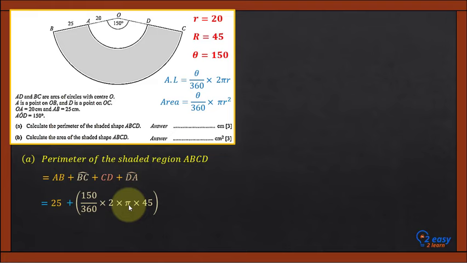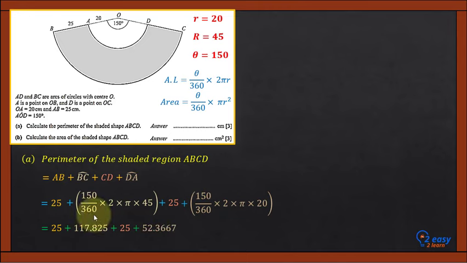Now this 25 is CD and the arc length of DA. So it's a small sector. That's why its radius is 20. Now plug in values.